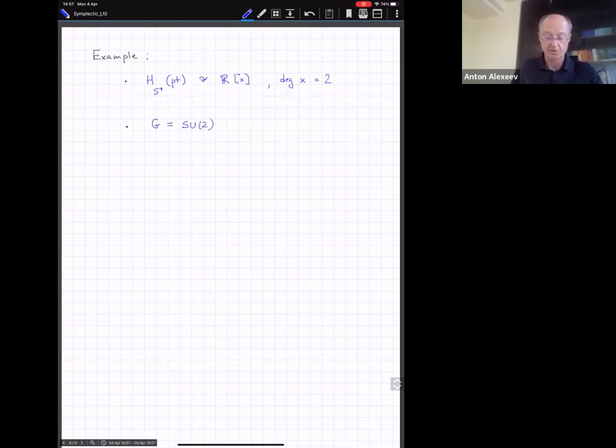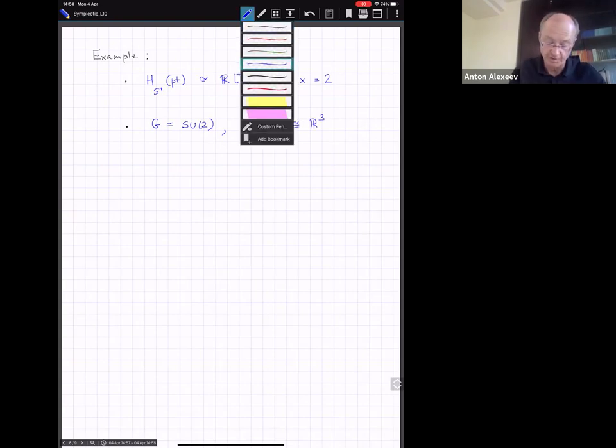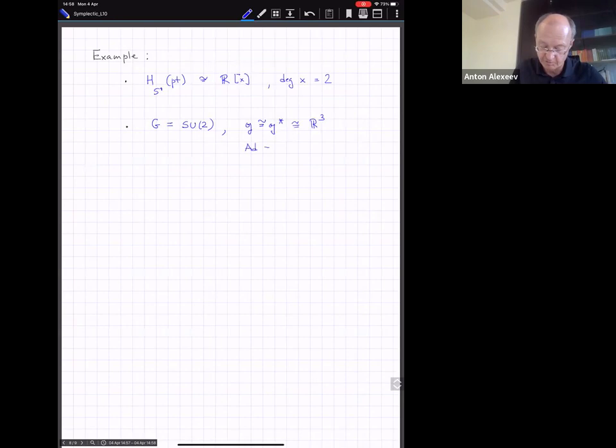So if G is equal to SU2, we know that g and g star as vector spaces are simply isomorphic to R^3. And the adjoint and coadjoint actions are simply the actions by rotation, right? We are rotating R^3 by orthogonal transformations.